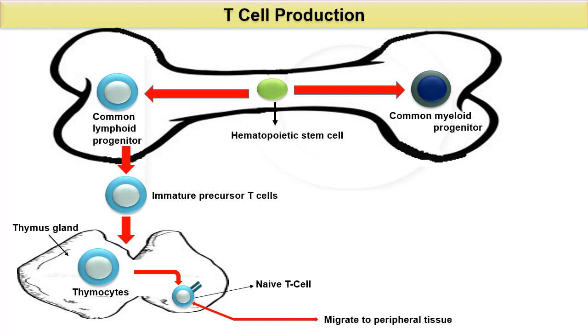These naive T cells are innocent because they have not encountered any antigen till now. So what is happening inside this thymus? I will discuss it in the next slide.